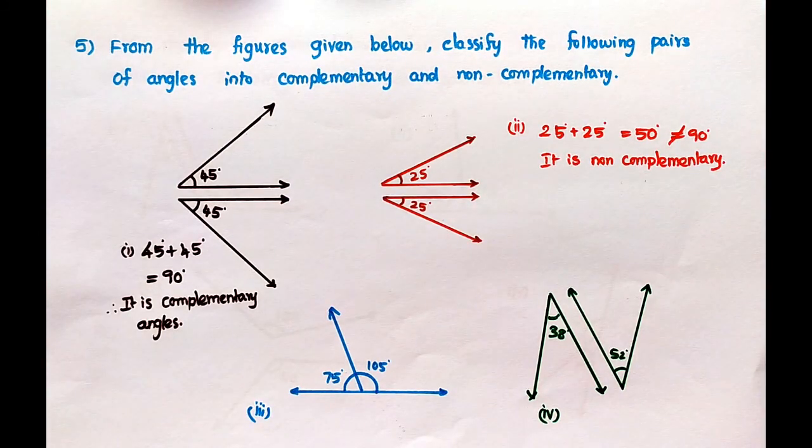Next one, 75 degree plus 105 degree. Add this one means we get 180 degree, that is not equal to 90 degree. So it is non-complementary.